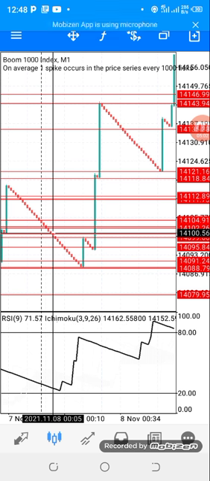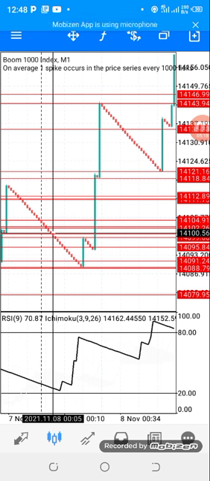So take note, if you are trading Crash 500 or Crash 1000, you are drawing your resistance line above the opening of the spike bearish candle.